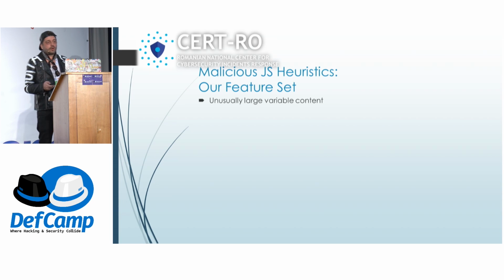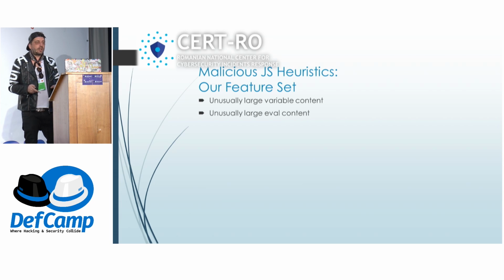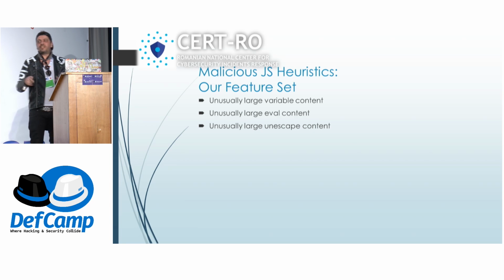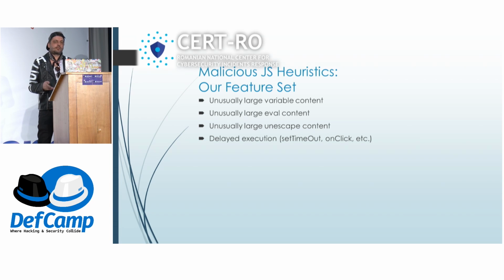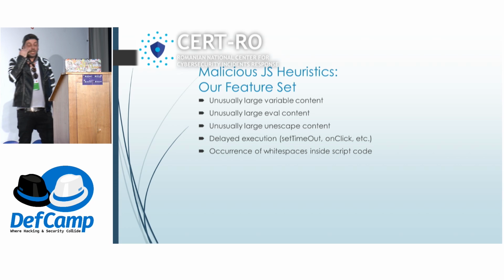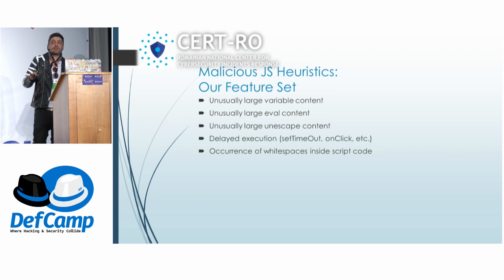Also, we're looking for unusually large variable content, unusually large eval content, unusually large unescape content, delayed execution instructions, occurrence of white spaces inside script code, because all the malicious JavaScript samples we analyzed contain almost 0 white spaces.